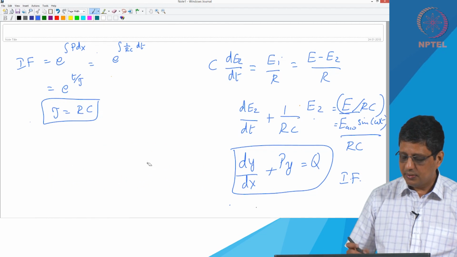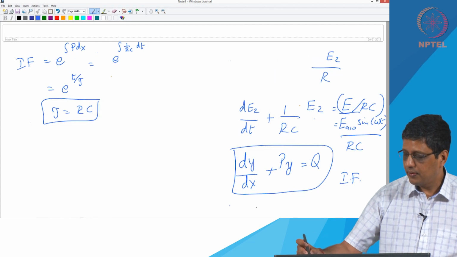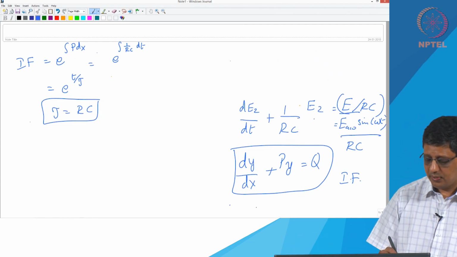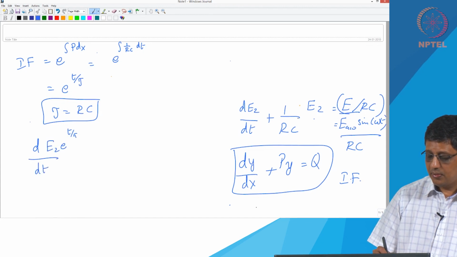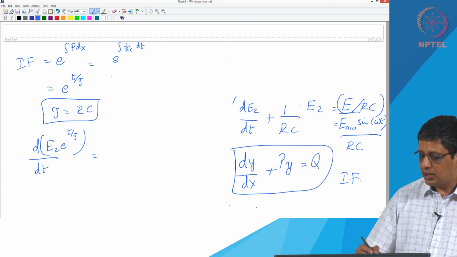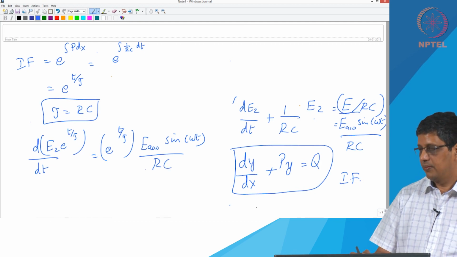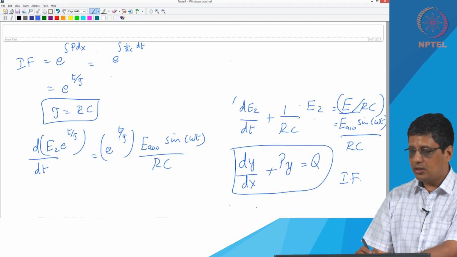If I use this, I will be able to write so I can write this equation as combine it together after multiplying by the integrating factor. I can write like this. So, on the right side also multiply by the integrating factor.